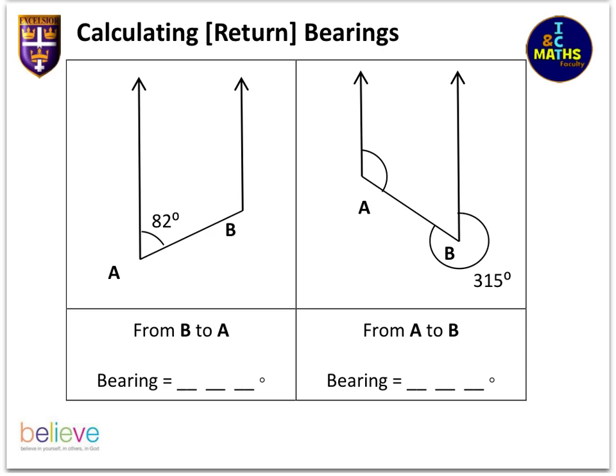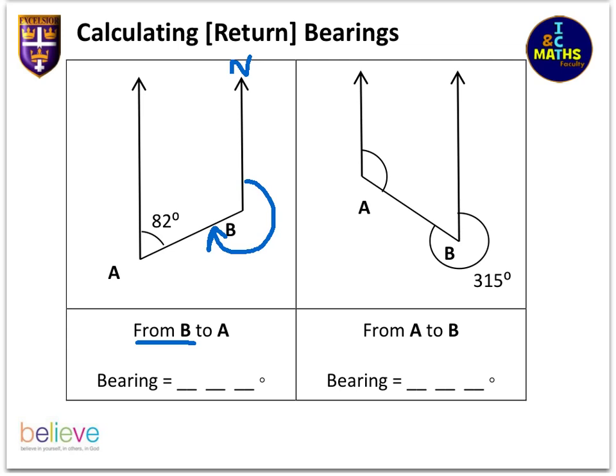Okay, here's another couple of examples to emphasize that point. I really can't stress it enough. You've got to get in the habit of reading the question. Where is the bearing being measured from? This example is measuring it from B, and this means I can draw it clearly on the diagram. Please do get in the habit of drawing the bearing that you want on the diagram, because it's so easy to get confused.